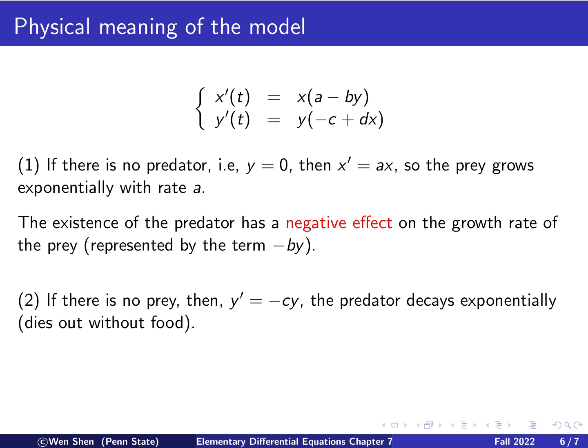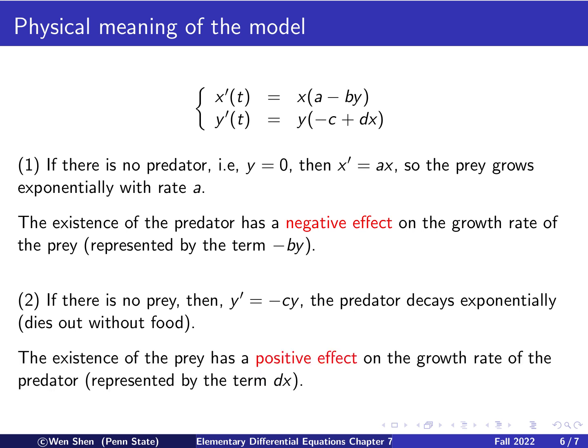We recognize this equation is an exponential decay with rate c. So the physical meaning is, if there's no prey, then the predator will have no food and it will die out. And if the prey does exist, it should be good news for the predator and it will feed the predator, so it will have a positive effect on the growth rate. Therefore it's represented here with a plus dx term.